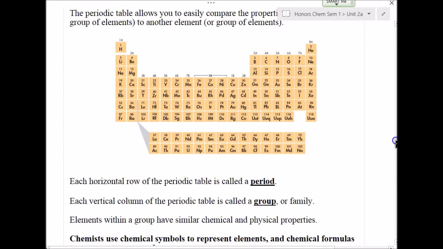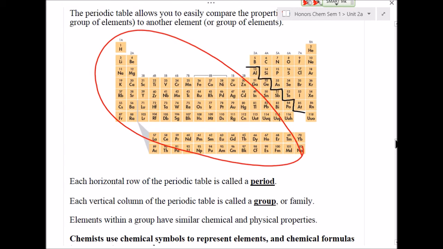Oh, one other thing. On your periodic table, there's a stair step that does this. Where that stair step is represents a difference between metals and nonmetals. All of these are considered metals, and all of these, to the right of the stair step, are nonmetals.